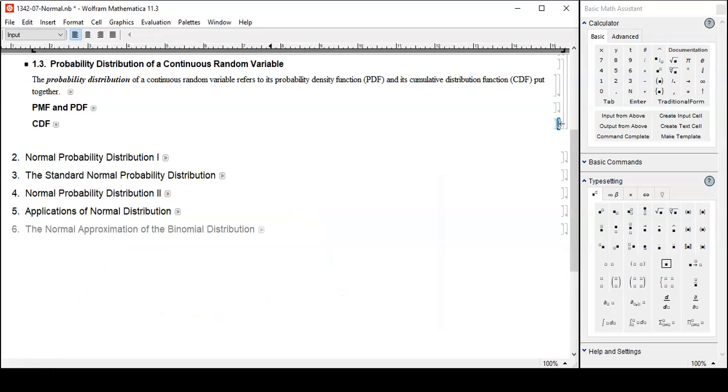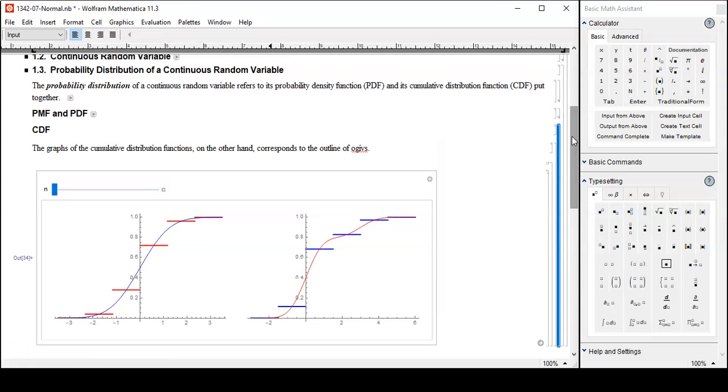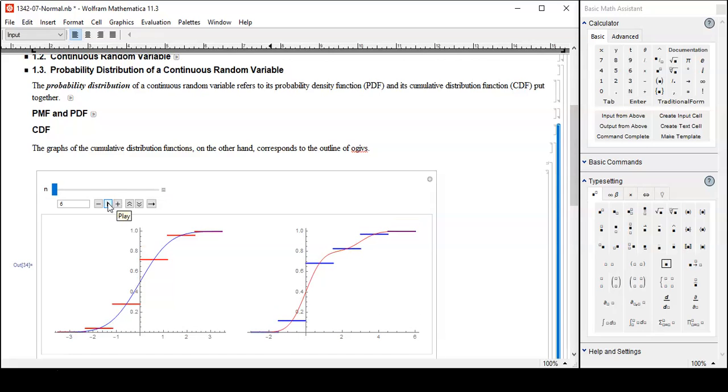And here's another relationship, this time for the cumulative distribution function. Remember, CDFs are step functions. We have step, step, step, horizontal, and then the jump size is a probability mass. But if we have really a lot of steps, then the jump size gets so small and eventually merges into zero.